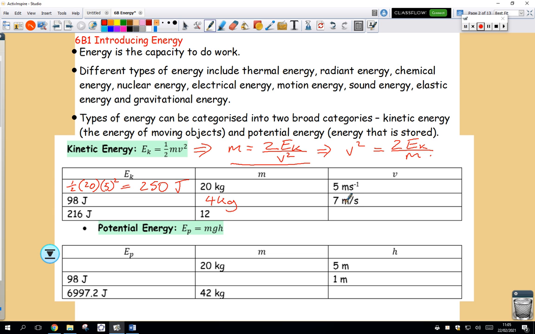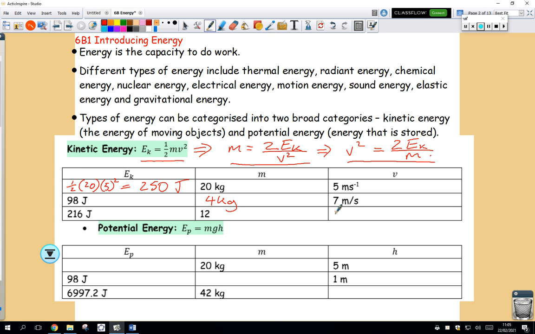Okay, and the last example, again, there's my basic equation. I can absolutely substitute 12 in here for M. I can absolutely substitute 216 here for E and then solve it. In fact, that's what most people would probably do. I'm going to actually just use this version, which says the square of the speed is going to be double the kinetic energy, that's double 216, divided by the mass, which in this case is 12.